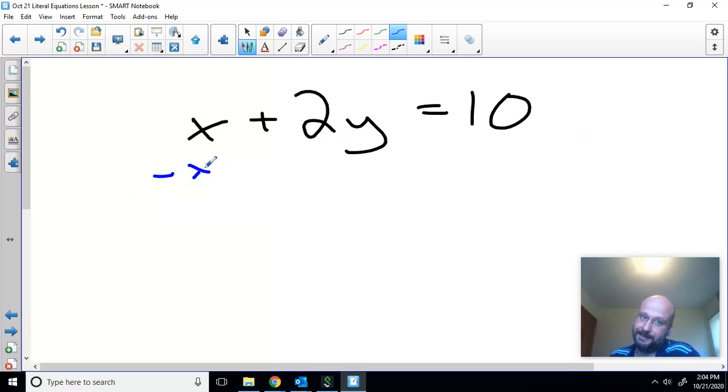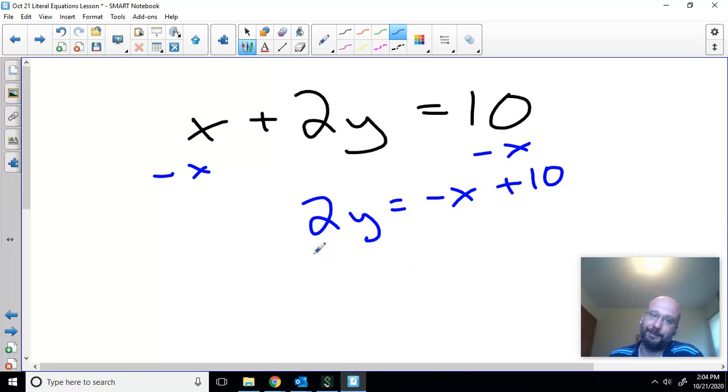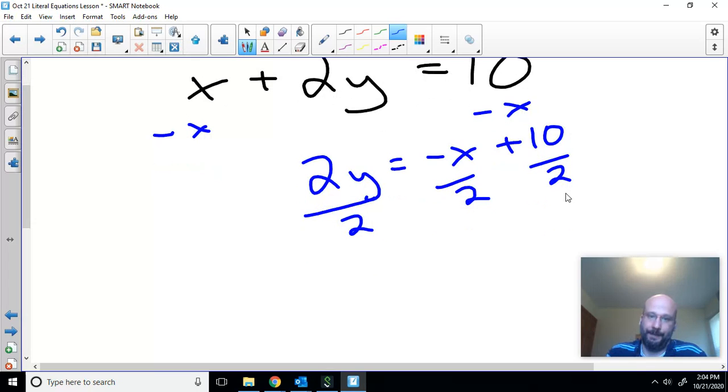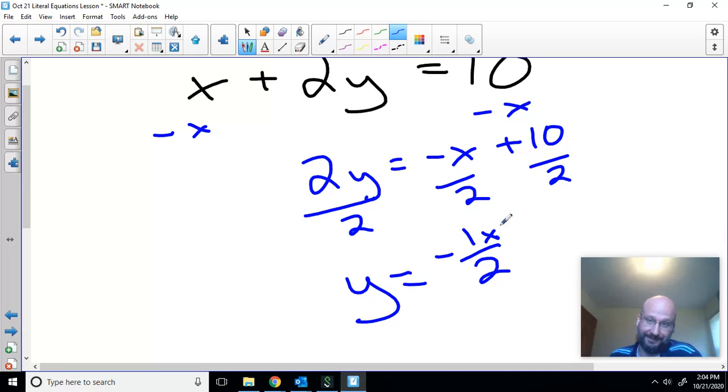I'm going to subtract the x. 2y equals negative x plus 10. I'm going to divide by 2. This is going to be y. This is negative 1 over 2x, right? Negative 1/2 x, because there's an imaginary 1, which I don't need to write. And then this is plus 5. Negative 1/2 x plus 5.